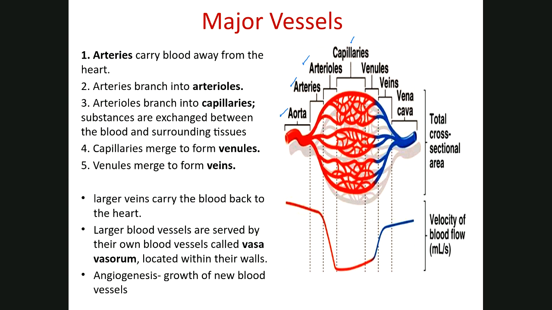Then eventually these are going to merge to form venules and veins, and then into the superior and inferior vena cava. So other terms we have to learn is the term vasa vasorum. Vasa vasorum exists on large blood vessels, which have their own blood vessel circulatory pattern because they're so thick. The term angiogenesis means the growth of new blood vessels.